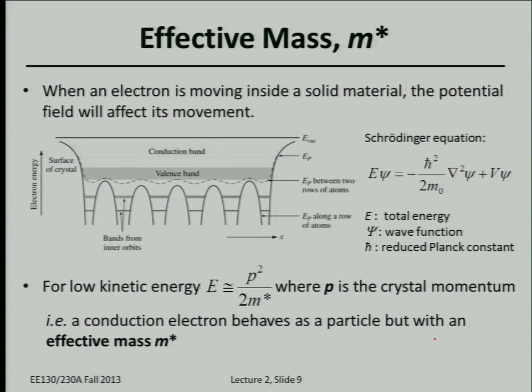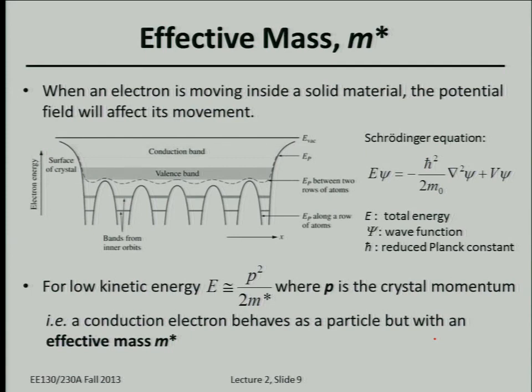Remember the electron potential diagram I showed earlier to explain why the potentials of atoms start to interact with each other, resulting in energy level splitting, and you end up with bands of allowed energy levels rather than discrete energy levels.